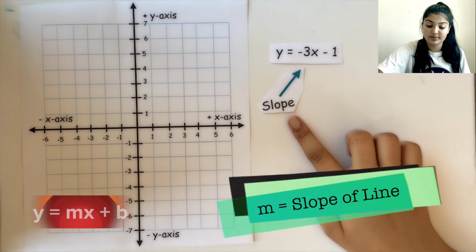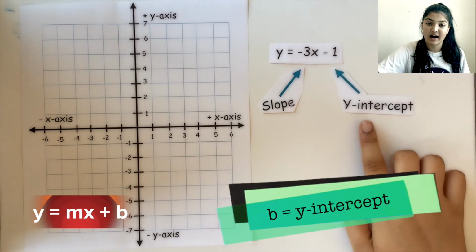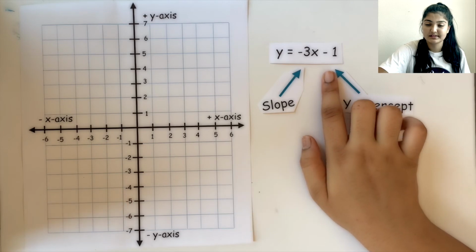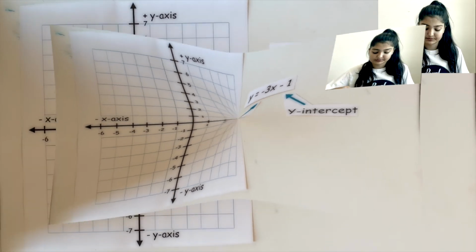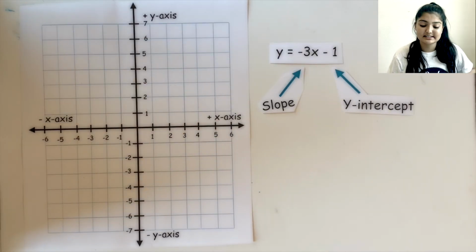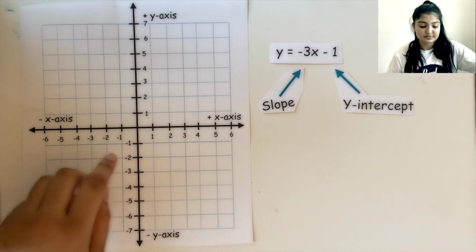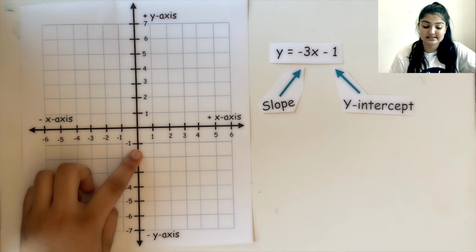Well, the slope is negative 3, and the y-intercept is negative 1. So let's start by graphing the y-intercept. Since the y-intercept is negative 1, we can plot a point at negative 1 on the y-axis.